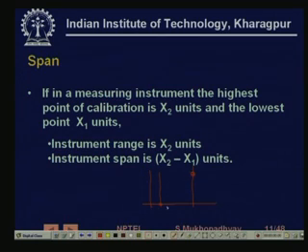So this is x2 and this is x1. Then the instrument range is x2. It is the highest, so it can work up to that value, and the span is x2 minus x1.